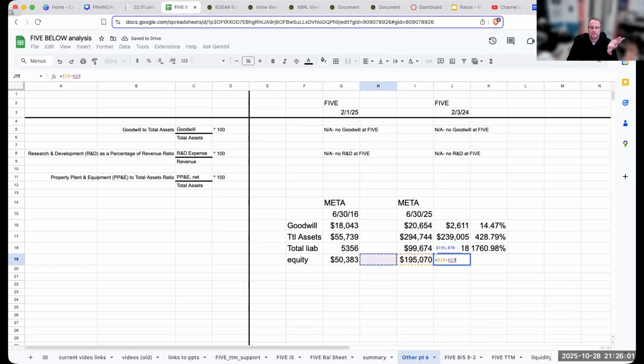And then my equity has gone up by roughly 287%. Now, when you see goodwill to total assets here it's like 32% of my balance sheet. Now goodwill to total assets is about 7%.